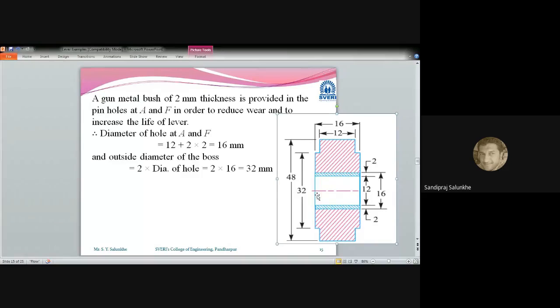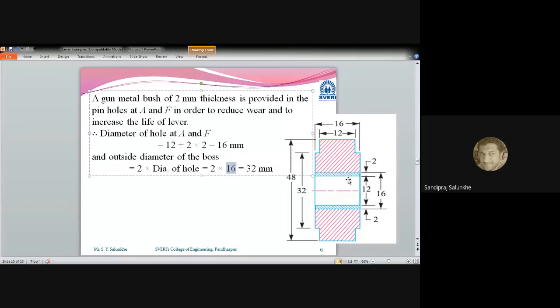Only concentrate on this hole. How this 48 has come and how this 12 has come, we'll see later on, because yet we have not designed that plate or that lever. Only we are going to calculate the dimensions of the hole related quantities. So the diameter of that boss is 2 times the diameter of the hole.